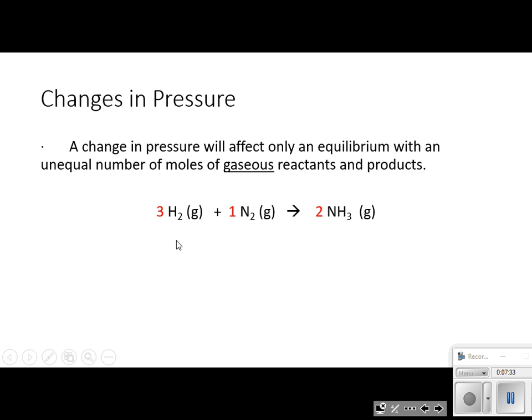Now, if I add these together, my reactants have 4 moles. Okay? My products only have 2 moles. Right? Which do you think has greater pressure? Okay, I've got these in a container. Which has greater pressure? 4 moles or 2 moles? 4 moles. Okay? So, if I go from this side to that side, I am decreasing the pressure.